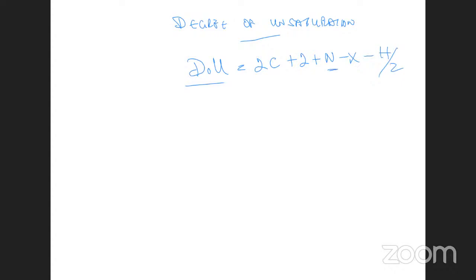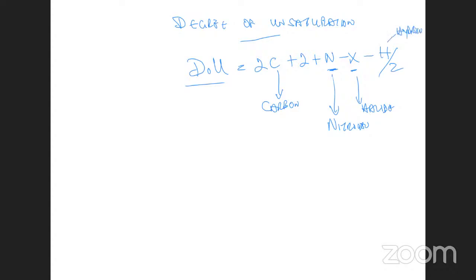N is the number of nitrogen atoms, X is the number of halides, you know them by that. C means carbon atoms, and H means hydrogen atoms.